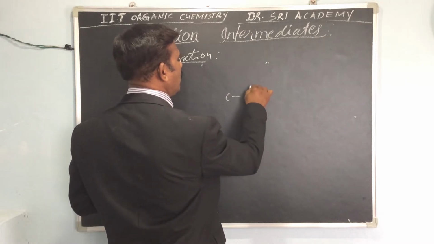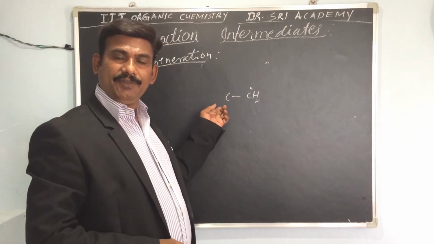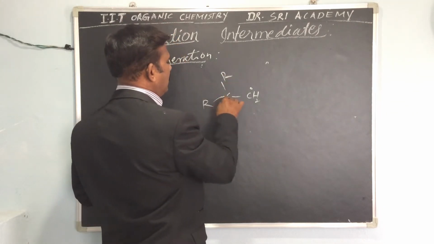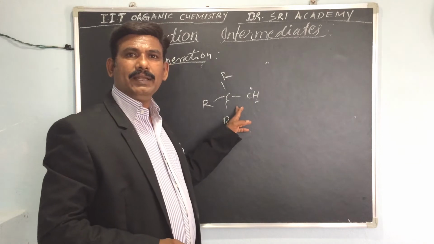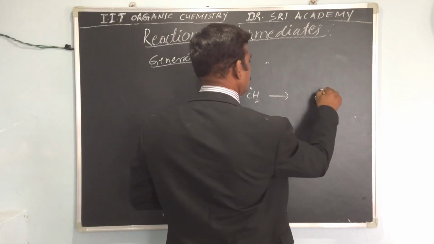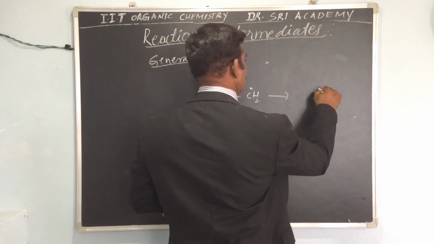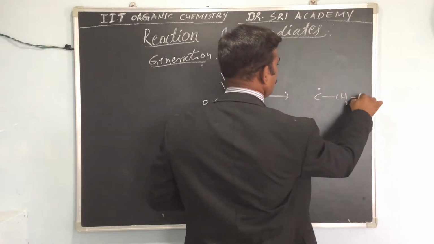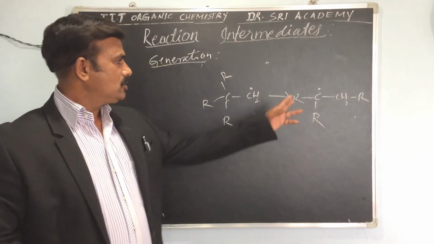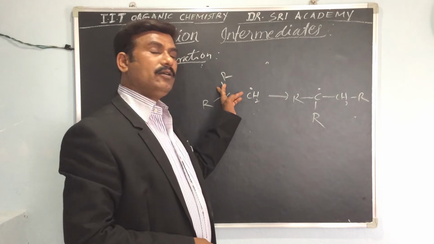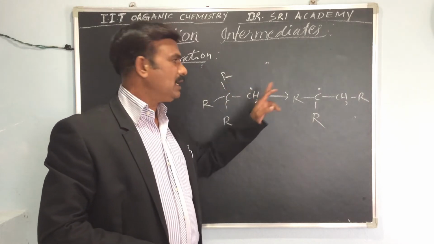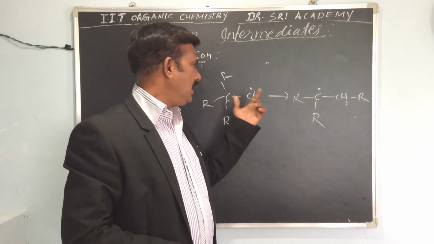CH2 is the free radical. So this is already a free radical. So it rearranges, if trialkyls are there. So what happened? This is the rearranged one. The alkyl group is attached to the CH2 group, so the free radical is formed here, and earlier it was here.